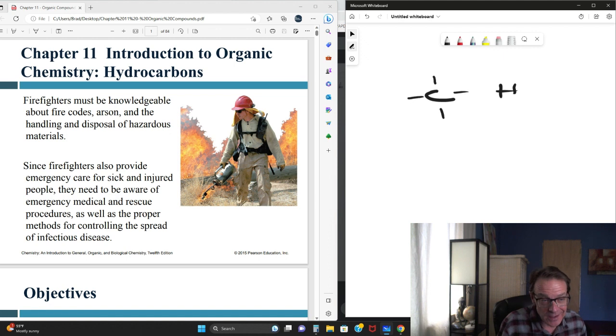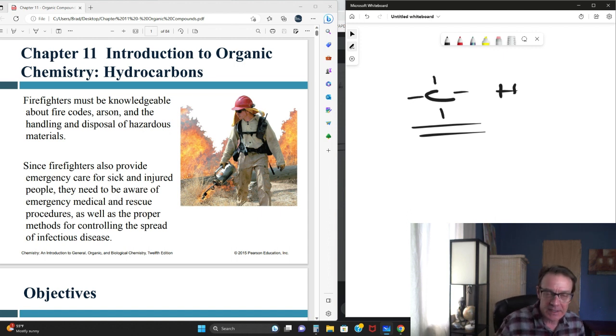But silicon is larger and won't form covalent bonds as strong as carbon because it is larger. The valence electrons are further out, and so the bonds aren't as strong. So that is why carbon shows up all over organic chemistry.